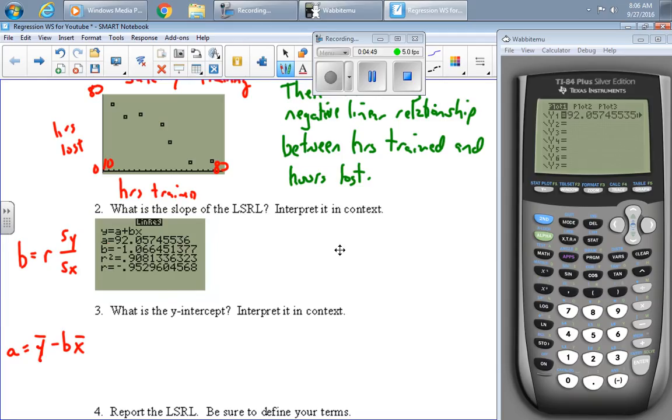So the slope is this one right here. And then it says interpret it in context. So what that means is every time x goes up by 1, we expect y to change by that much.